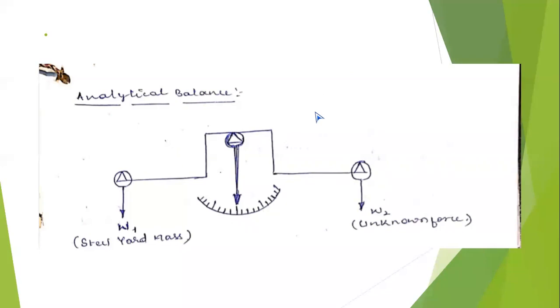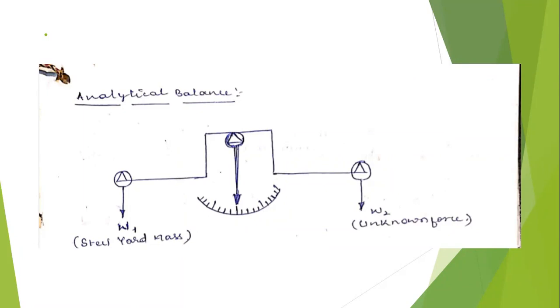So the arrow, that is the dial, indicates between 0 to 10 graduations. Before measuring any force, bring the analytical balance to read zero or null balance.